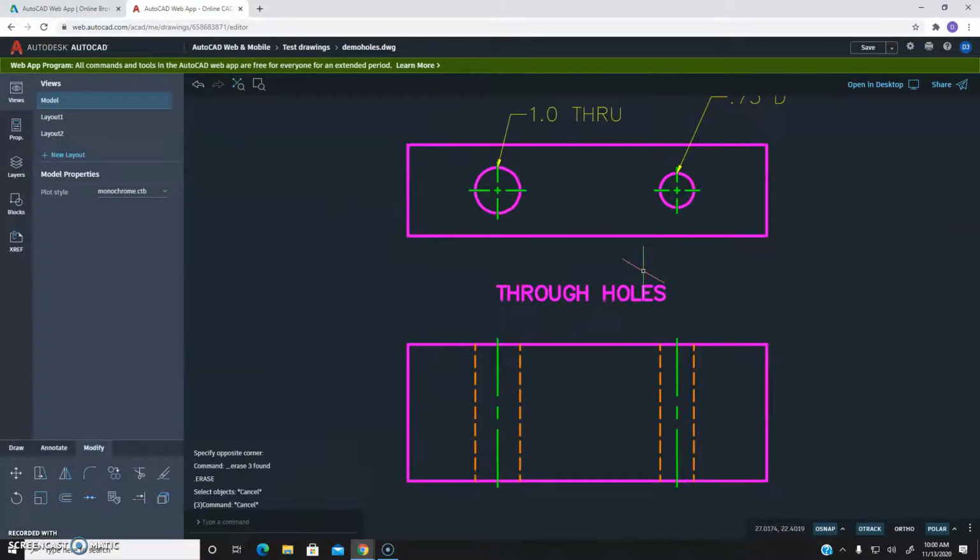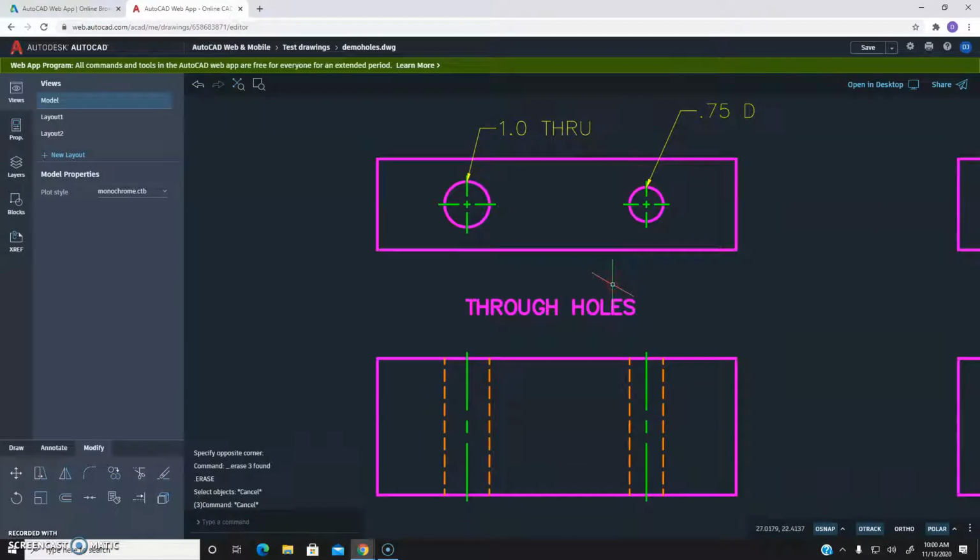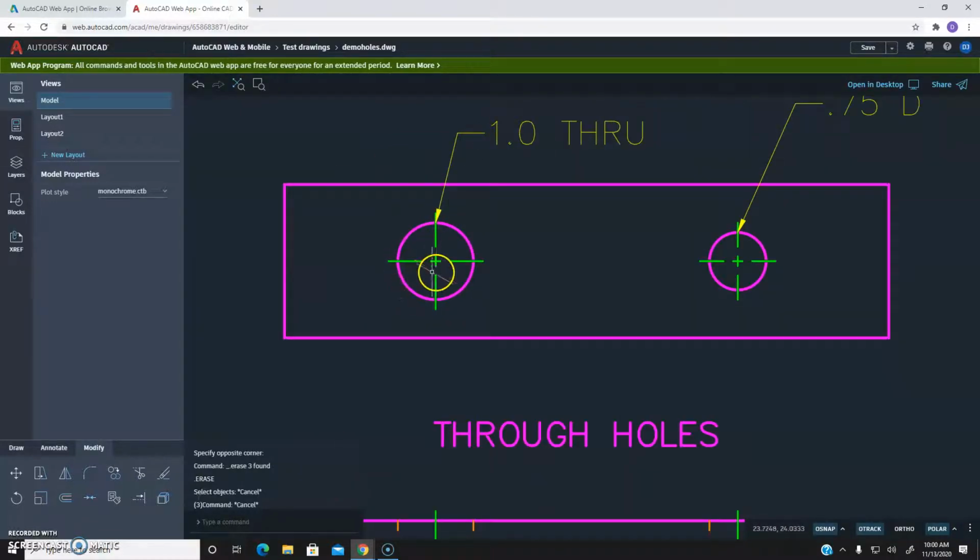So through holes only need 2 pieces of information in order to be able to design them. The first thing you need to know is the location of the hole, which I've left blank here. But essentially that's usually done in the top view like this.